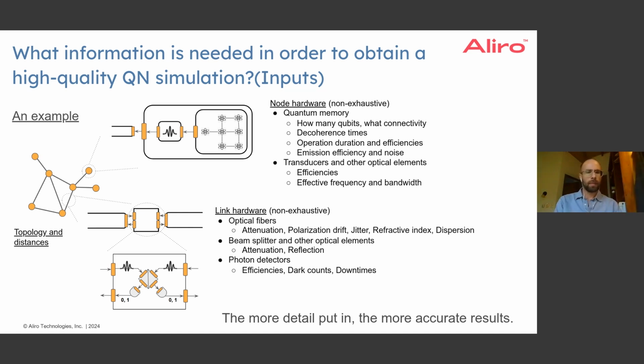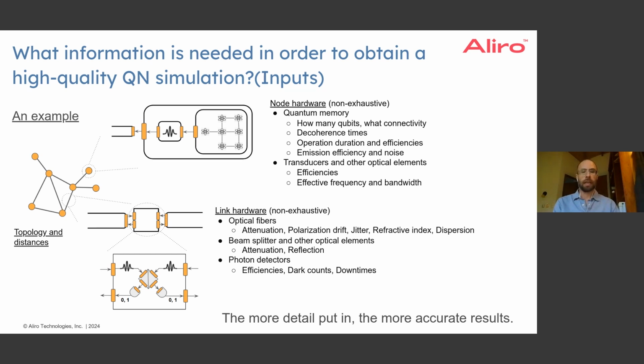In terms of links, similar story. We of course have all the optical fibers that are involved with actually moving around the photons, and this can do a lot of different things to them. It can obviously attenuate, i.e. lose photons, and generally we send qubits at a single photon level, and so if we lose that photon, we lose our qubit.